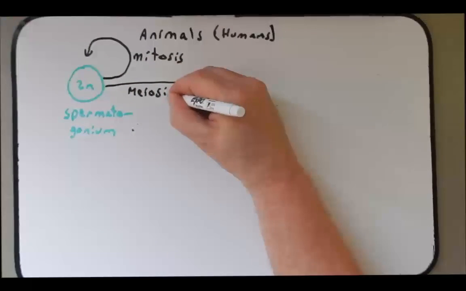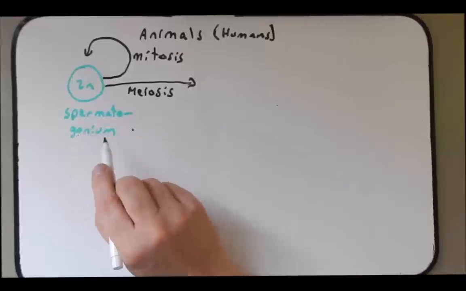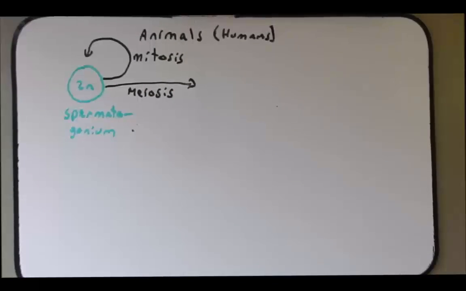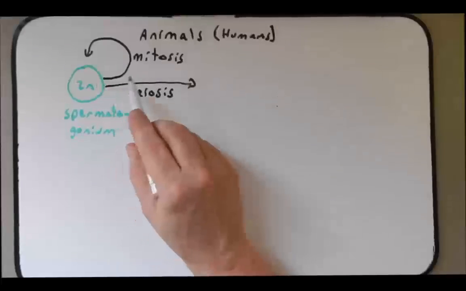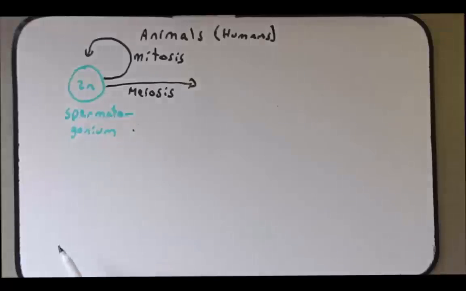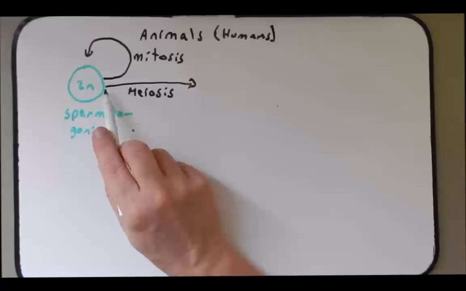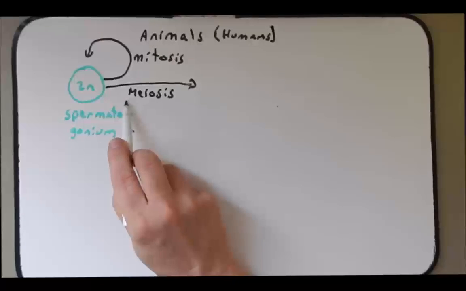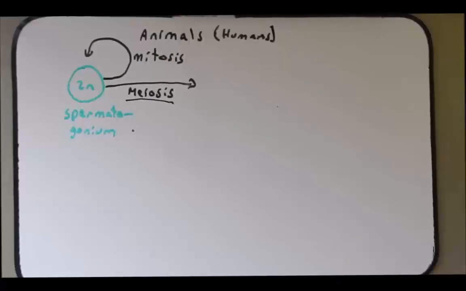No other cells besides the oogonium, which we'll talk about in a moment, can do both of these pathways. It's important that spermatogonium can undergo mitosis so that they can continuously regenerate new spermatogonium. However, when they commit towards making sperm, the cell commits to a meiotic cell division pathway.